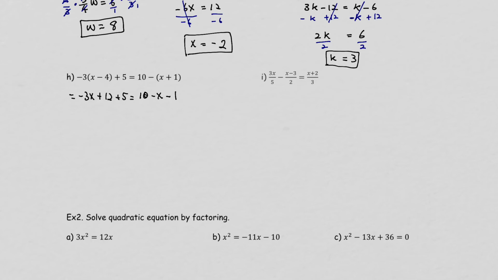So make sure you're distributing this negative twice. That's a very common mistake, not distributing the sign onto the second term. But don't forget, that's what you need to do, right?